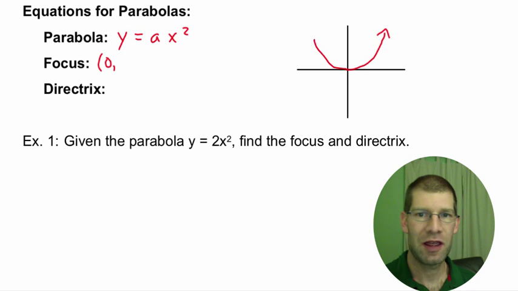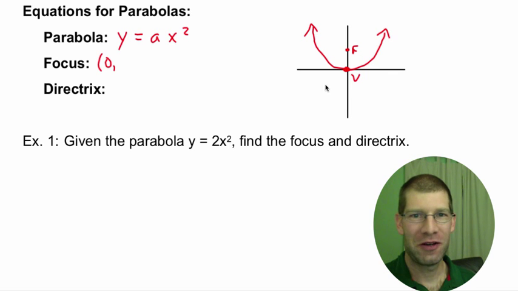The vertex would be there, the focus would be my point up here, and the directrix would be a horizontal line down here-ish. It looks like it should be a little bit higher, because the directrix has to be as far below the vertex as the focus is above, so maybe something like that.